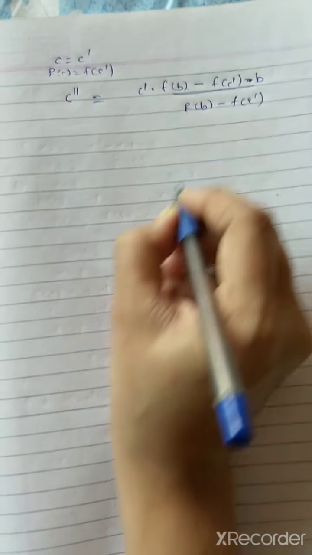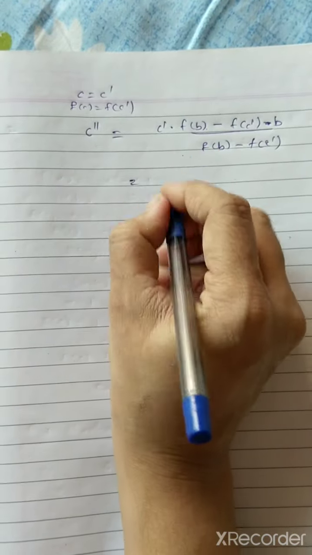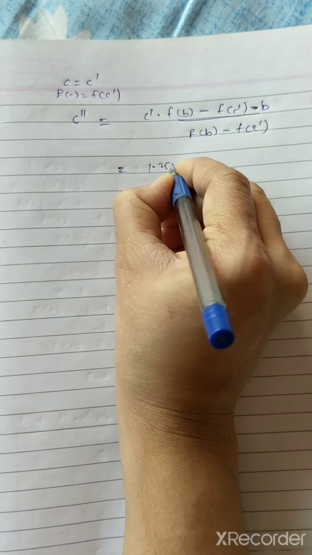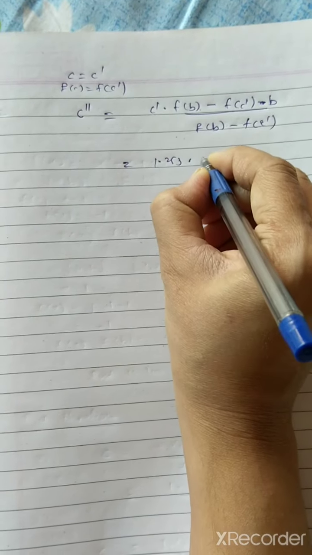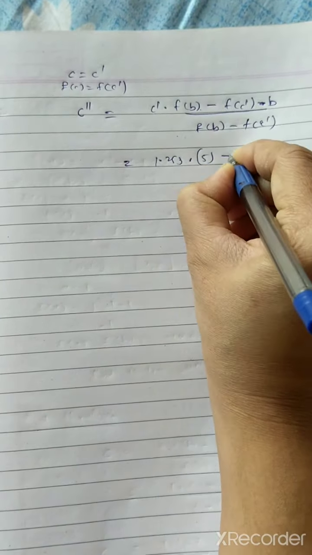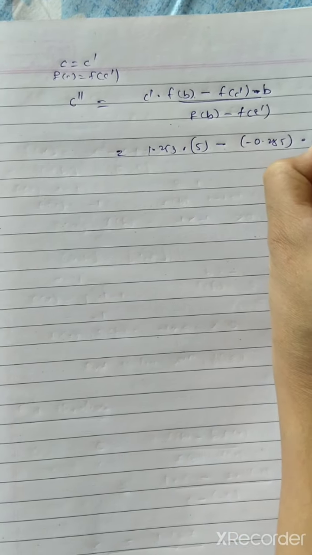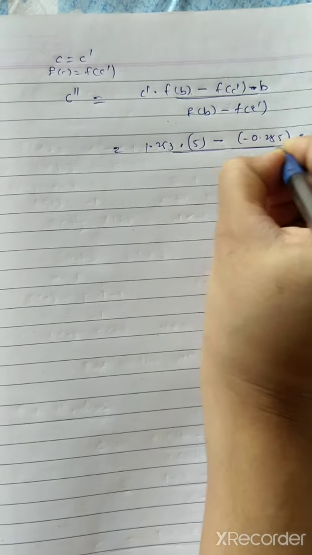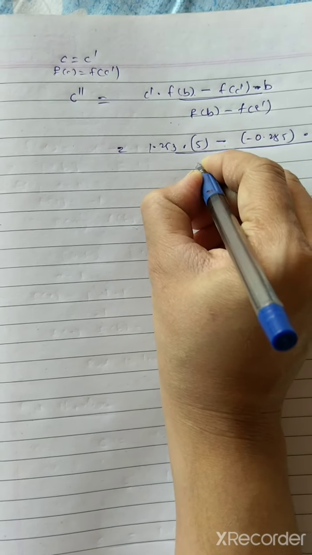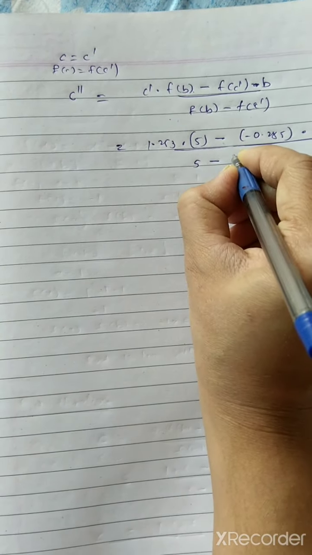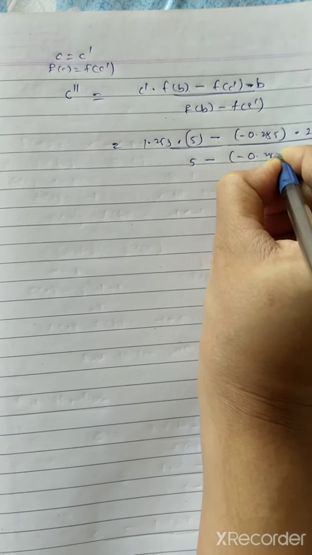Okay, so c dash का value is 1.253 into f of b का value is 5 minus f of c dash is -0.285 into b का value 2 upon f of b is 5 minus f of c dash is -0.285.